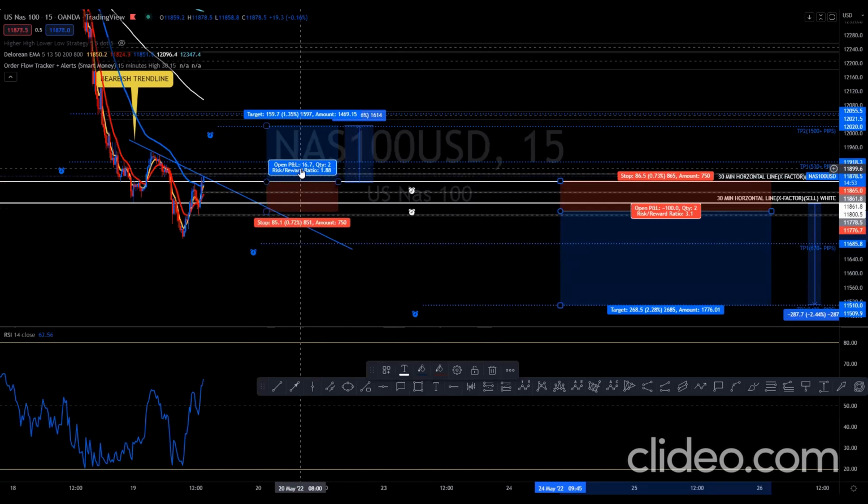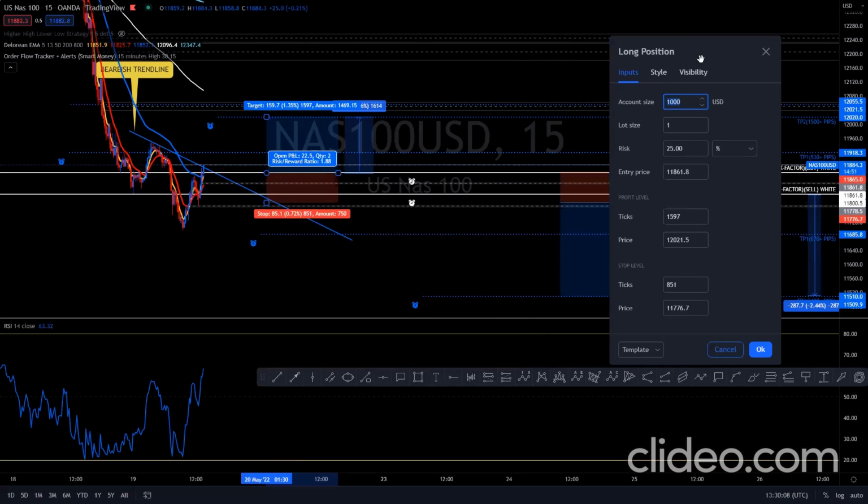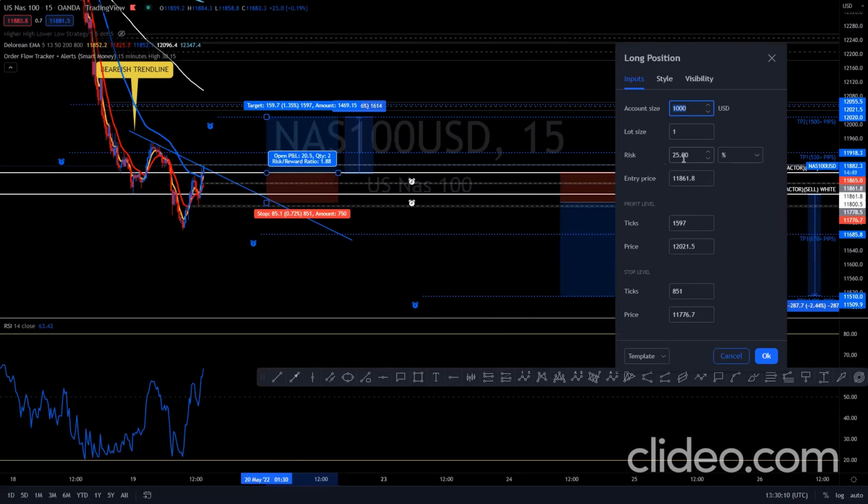Oh, so price is trying to buy up. Nah, see, there's a wick there. It's trying to buy up, which is understandable. It has a lot of imbalance up there.